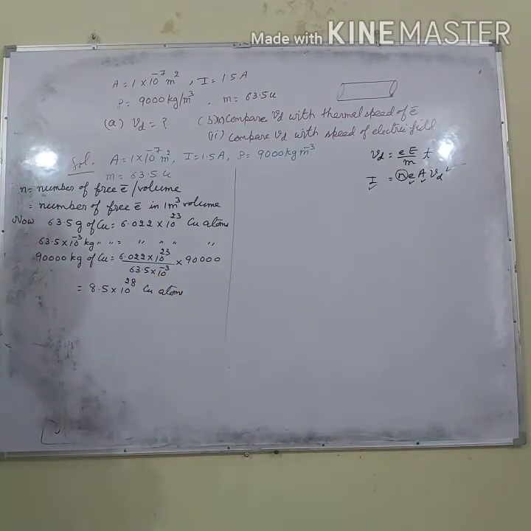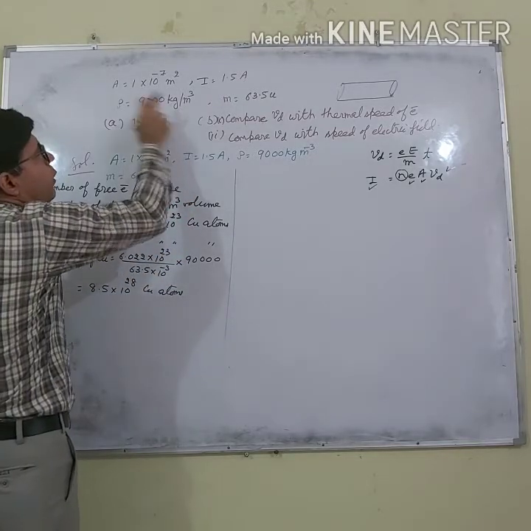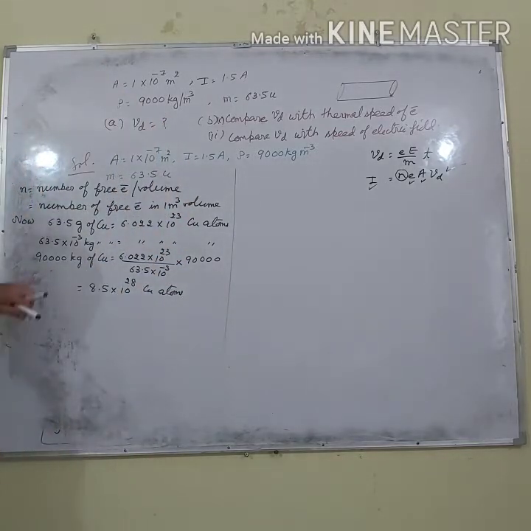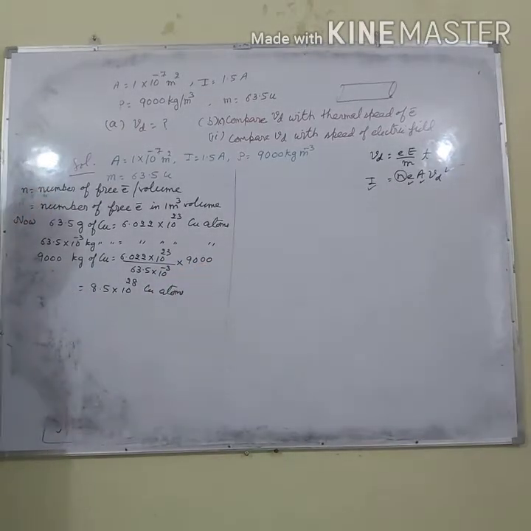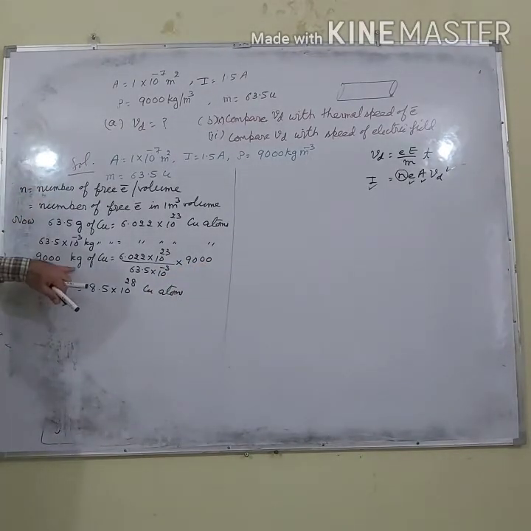So here I am saying density is 9000 kilogram per meter cube. So 9000 kilogram of copper means its volume is 1 meter cube.